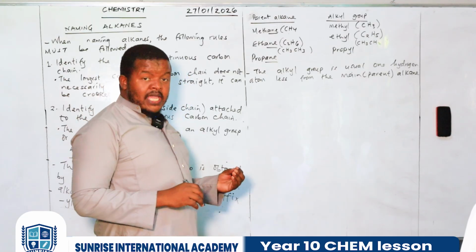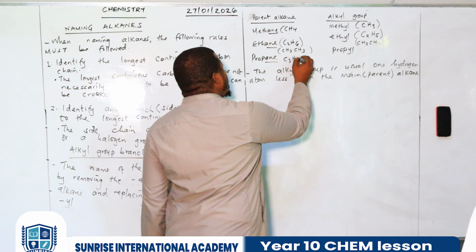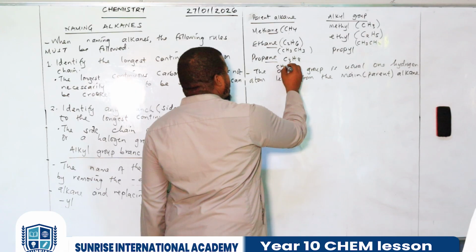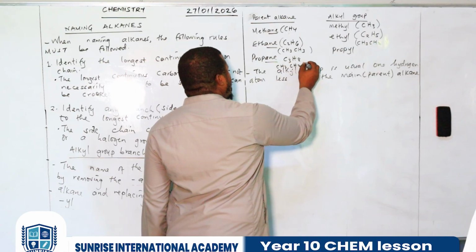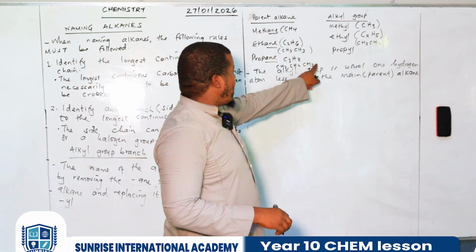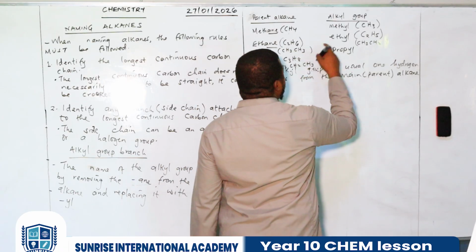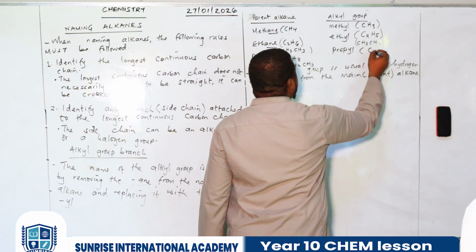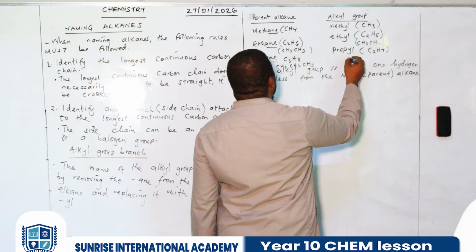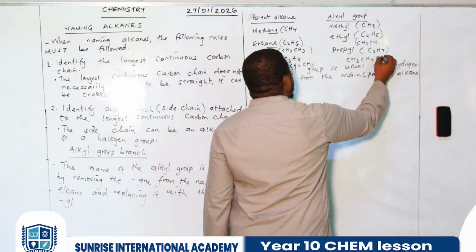Propane has the formula C3H8 or CH3, CH2, CH3. Yes? So remove one hydrogen from the last one. If you remove one hydrogen here, it's going to look like C3H7, CH3, CH2, CH2.